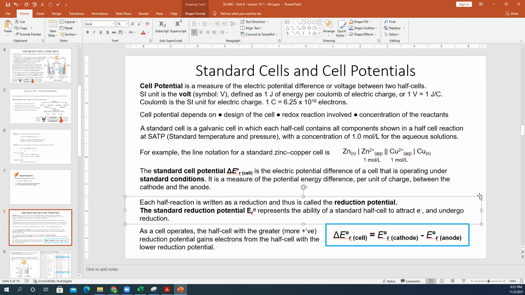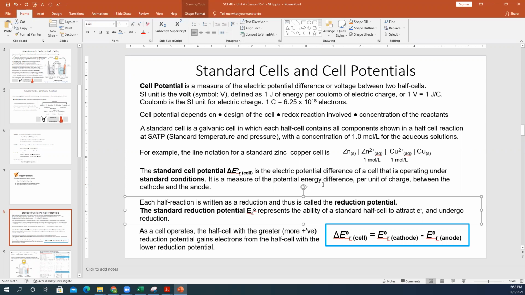This refers to the electric potential difference of a cell that's operating under standard conditions, standard temperature and pressure and 1 mole per liter. And it's a measure of the potential energy difference per unit of charge between the anode and the cathode. So what's the potential energy difference between the two sides?